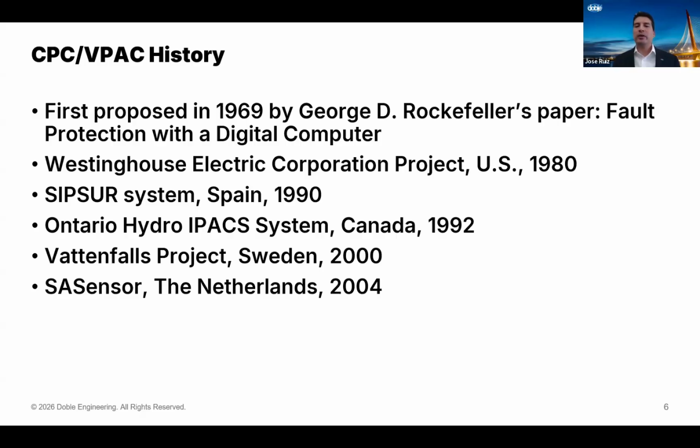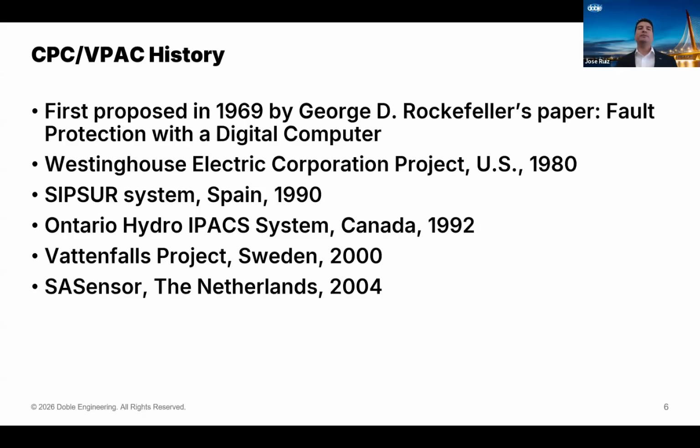There were multiple pilot projects deployed from 2004 to 2010, 10 in total. And in 2011, approximately 200 installations rolled out, and more than 100 of these pilot projects or deployments are still in operation today in multiple utilities in the Netherlands.